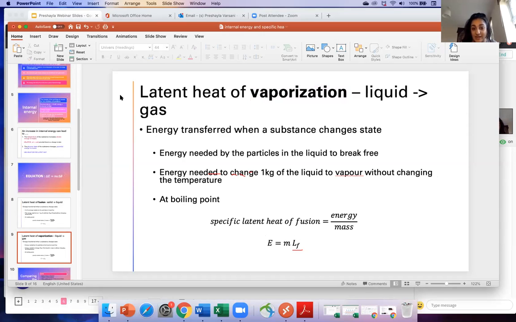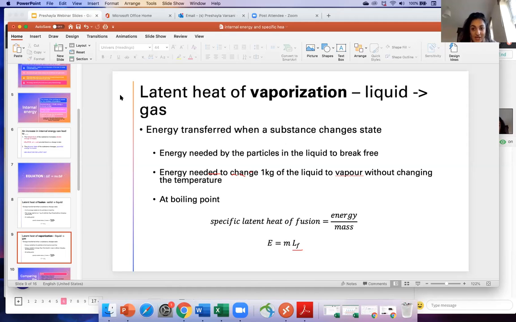It's the energy needed by the particles to break free. And it's the energy needed to change 1 kilogram of liquid into 1 kilogram of vapor without changing the temperature again. Okay, so it's the energy needed for the liquid to change state. Nothing to do with temperature.